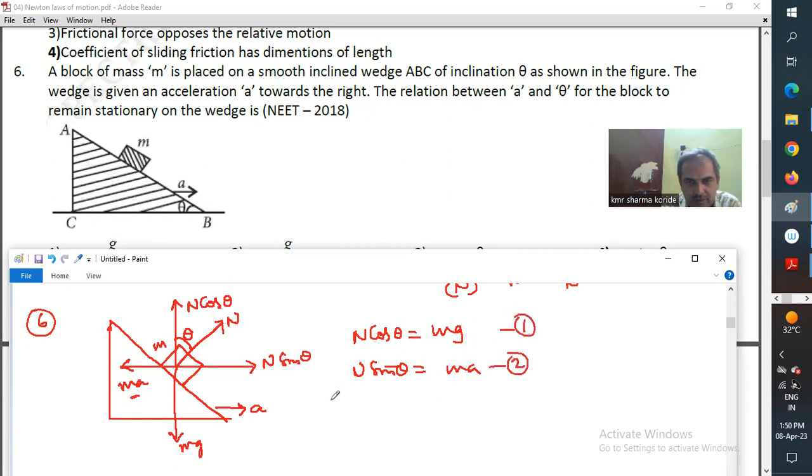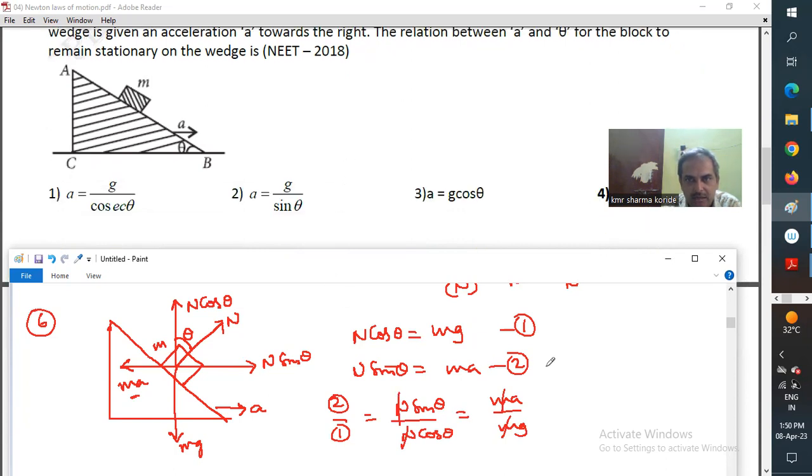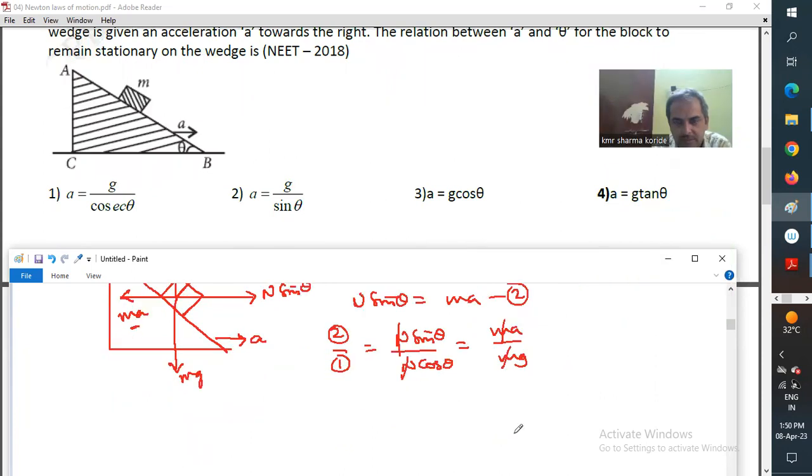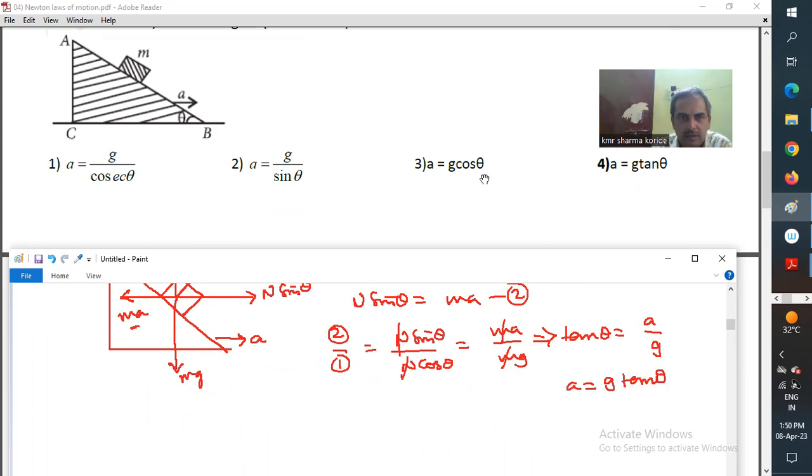Dividing 2 by 1, N sin theta by N cos theta is equal to ma by mg. N and N get cancelled, and m and m get cancelled. So sin theta by cos theta, which is tan theta, is equal to a by g. So a is equal to g tan theta. So the last option is correct.